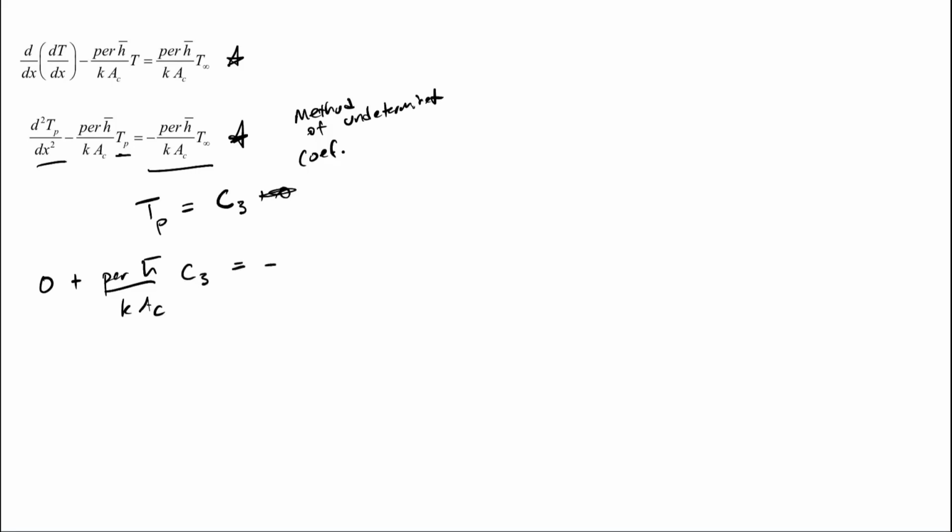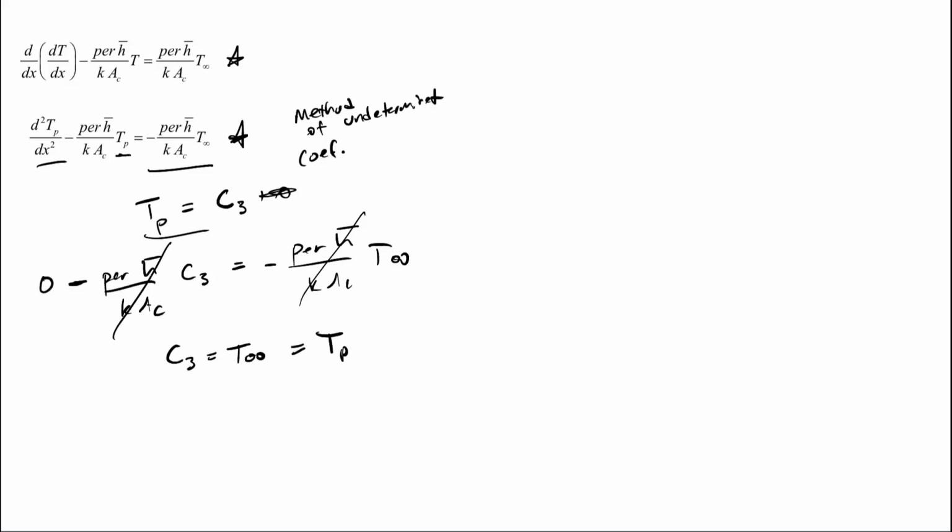And then on the right-hand side, I have perimeter h bar over k AC T infinity. Sorry, I have a minus here, 0 minus. All that stuff goes away, and we end up with C3 is equal to T infinity. And up here I said TP is equal to C3.